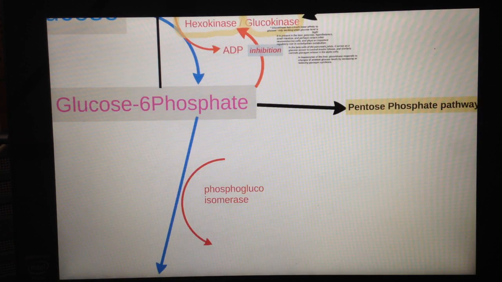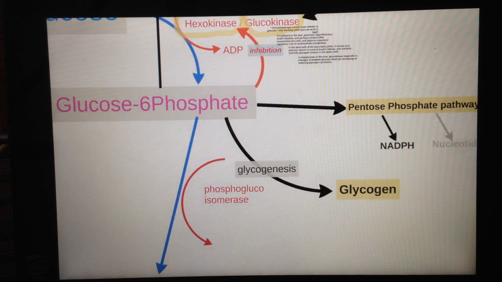Okay, moving on. I'm going to talk about glucose 6-phosphate because it's an important step. Why? Because it serves as a crossroad to other reactions other than the glycolysis pathway. It has a connection with the pentose phosphate pathway. What is the pentose phosphate pathway? It's basically a pathway that serves to create NADPH and nucleotides.